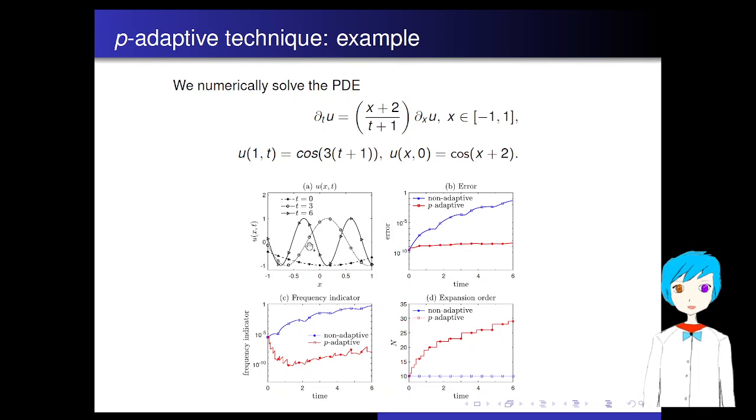We can see that the function is indeed becoming increasingly oscillatory as time evolves. If we properly increase the number of basis functions, we can maintain a small error by maintaining a small frequency indicator. If we fail to do so, then the error is accumulating and becomes larger and larger as time evolves.